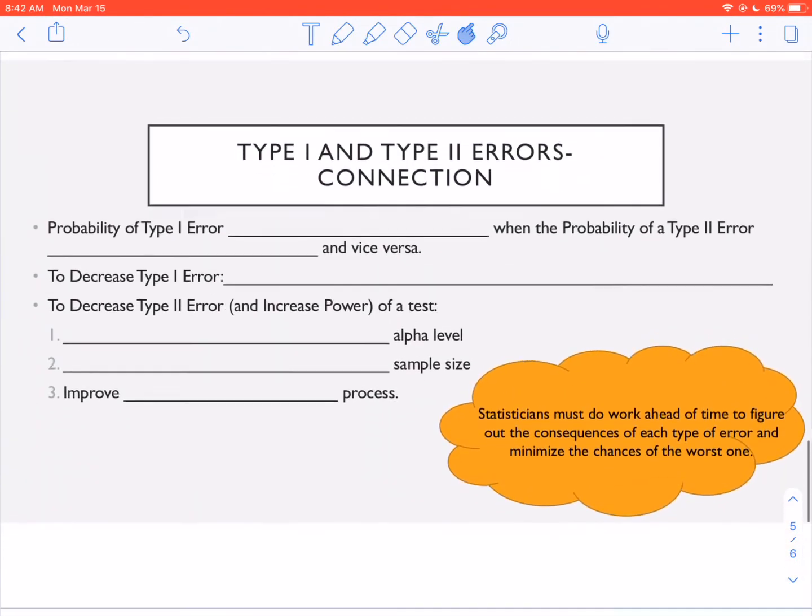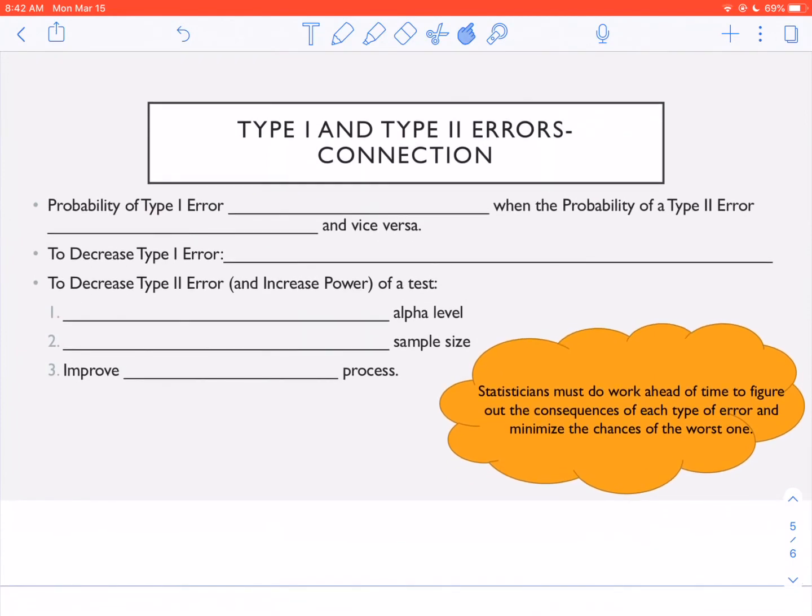The probability of a type 1 error actually decreases when the probability of a type 2 error increases, and vice versa. So if you do some things as a statistician to decrease your type 1 error, you have to be wary that it's going to increase your type 2 error, and vice versa.